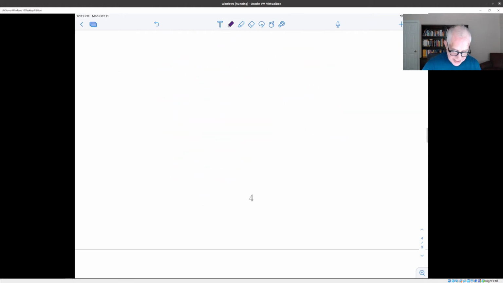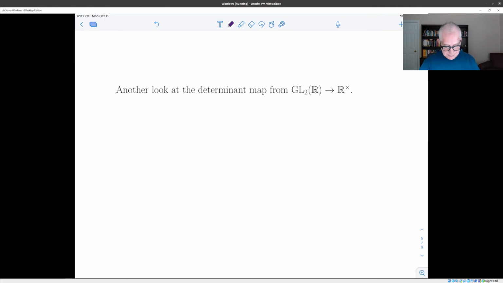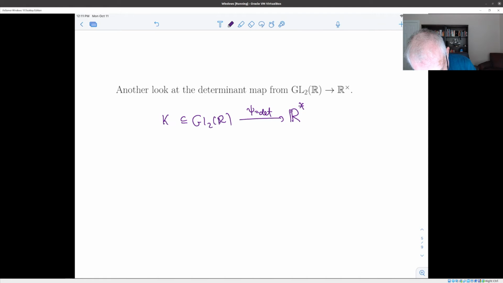Let's look at another example. Back to the determinant. So in this picture, we have GL2R maps by psi, which in this case is the determinant map, to R star. The kernel of this is SL2R, the matrices of determinant 1.